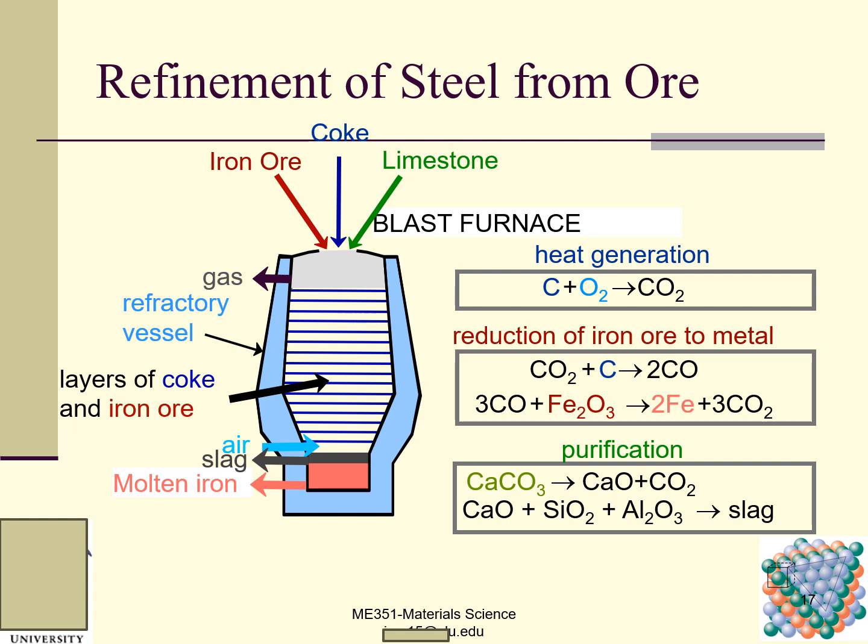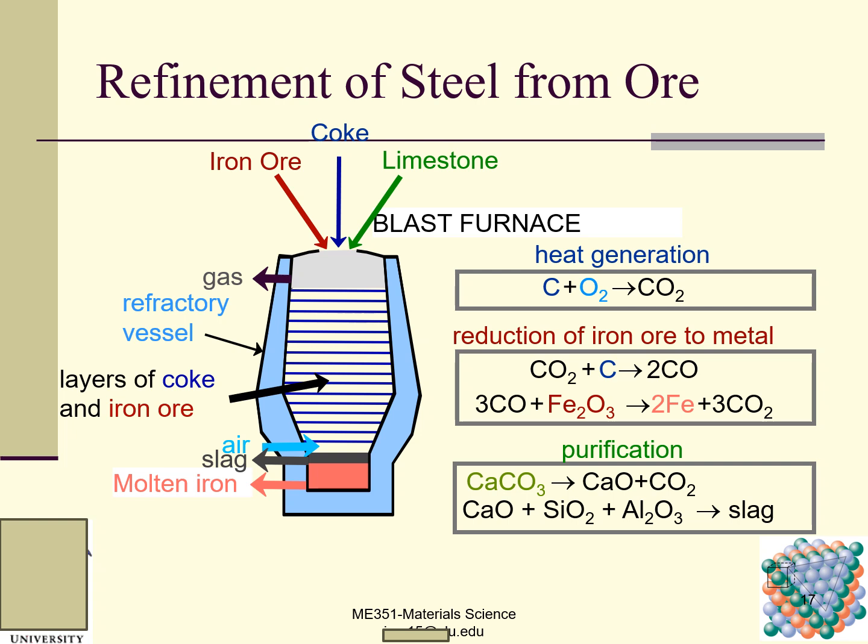So this is a gas. We have the limestone, and the coke here, in the blast furnace. Heat generation: carbon plus oxygen gives carbon dioxide, and reduction of iron ore to metal. Carbon dioxide plus carbon gives carbon monoxide, which is poisonous.